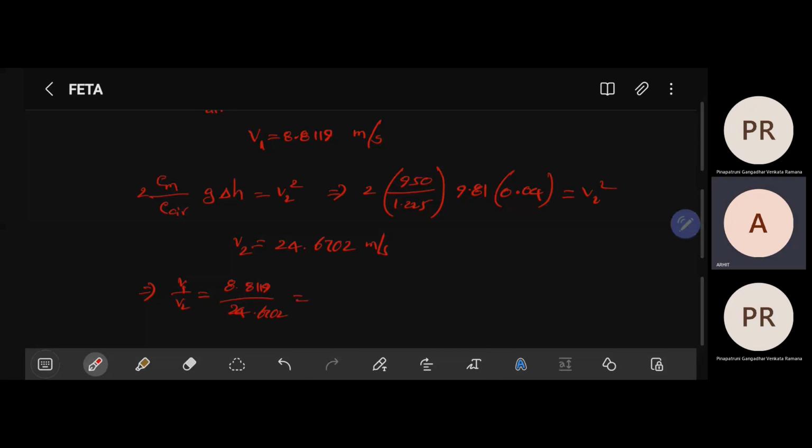With the last calculation, 0.35, this is the ratio. What is the answer they have given? 0.35 only, sir. Option B, 0.35 is not matching with the calculation. So the answer is 0.35 only, right? Yes, sir.